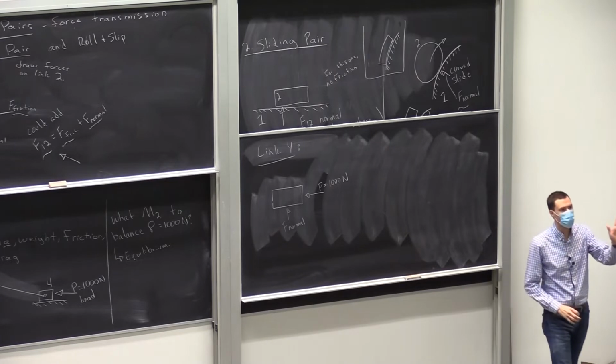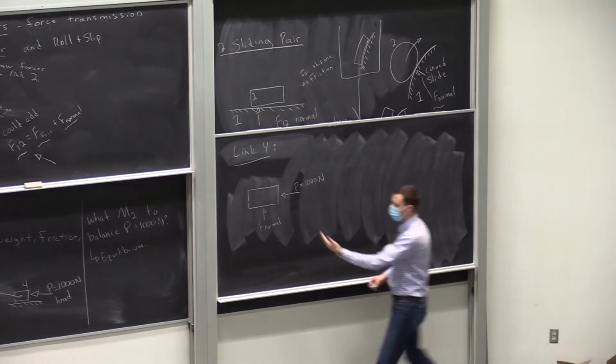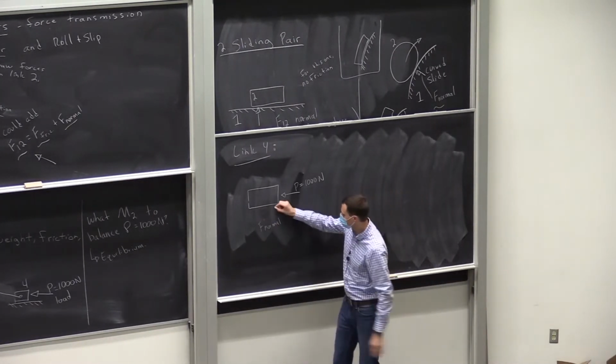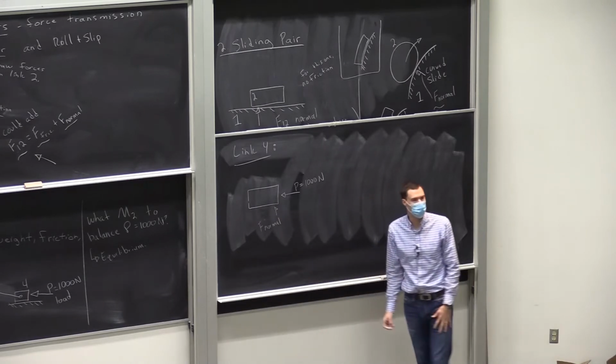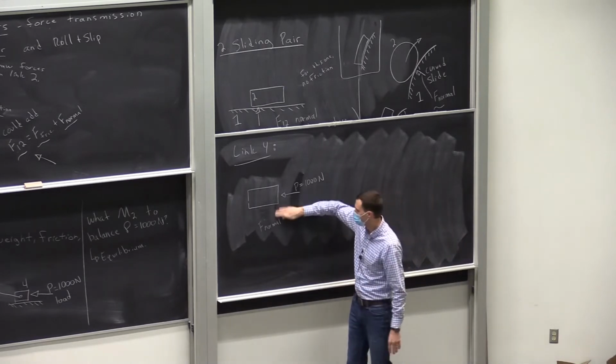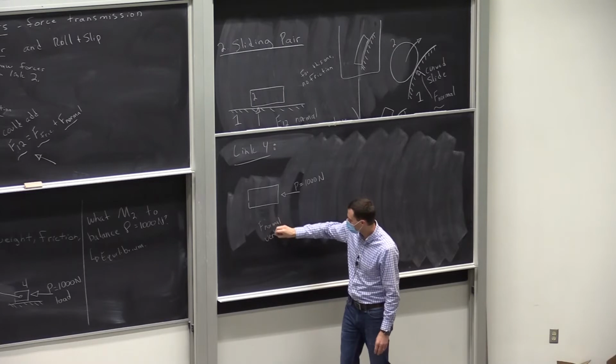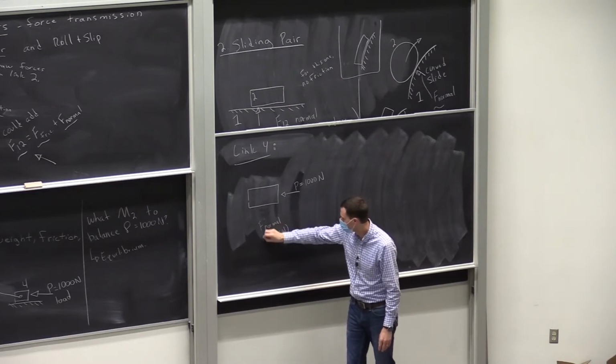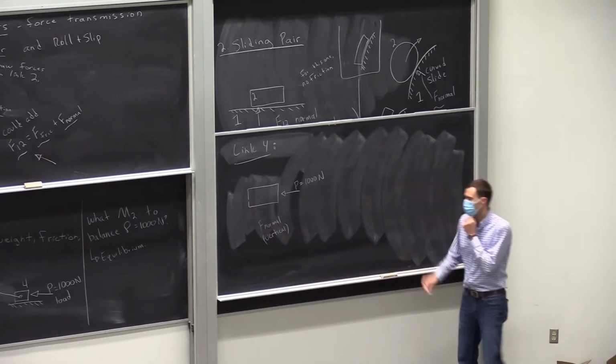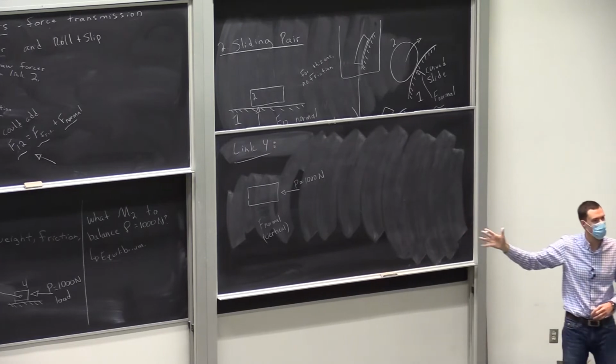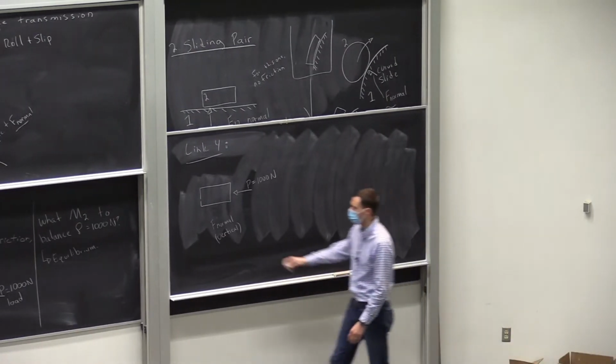And where do we put that? I drew it in the center, but it could just as validly be over here. We don't know. It's just vertical. So for now, I'm just going to write the direction on there. It's up or down, but we don't know where it is. So we'll have to have more information to solve for that.